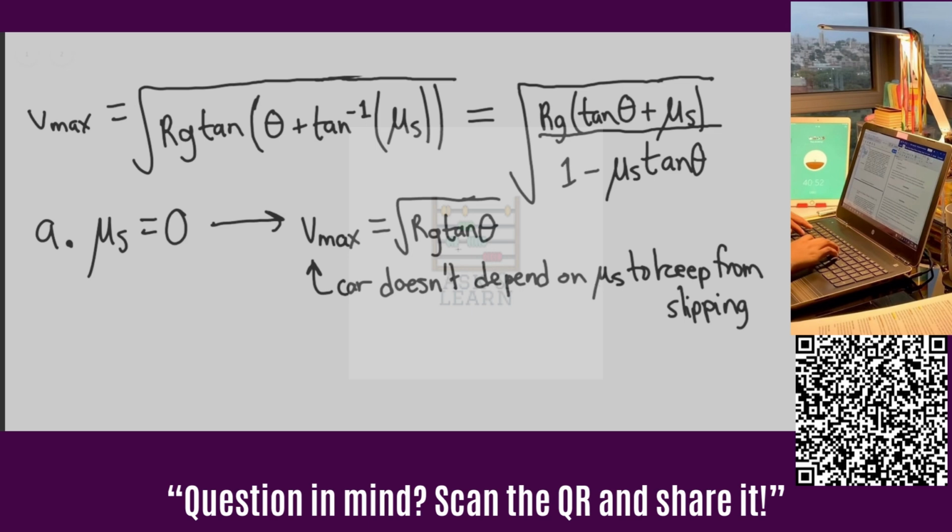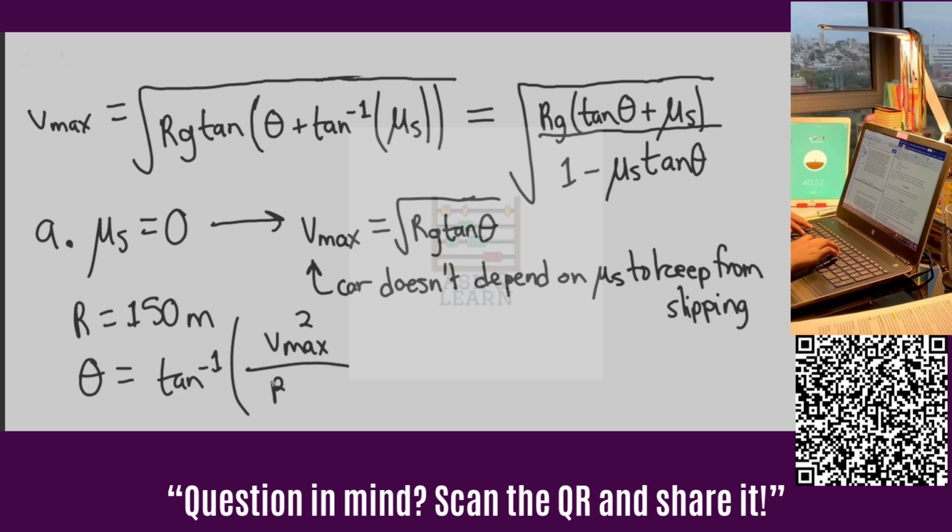If we were to say that r equals 150 meters, this essentially means that we'd have to solve for theta. So theta would then be equal to arctan of v max squared divided by rg.